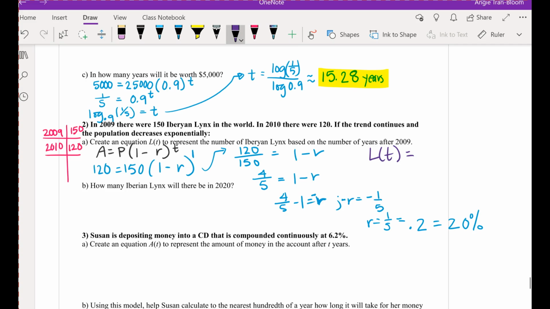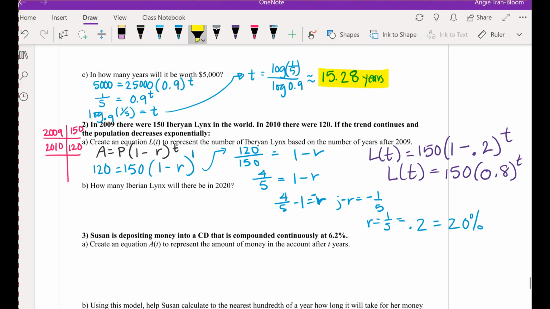What was the initial value? 150 times 1 minus, what's your rate? 0.2 to the t power. What's 1 minus 0.2? 0.8. So this is the equation right here. That will give us our depreciation over time.